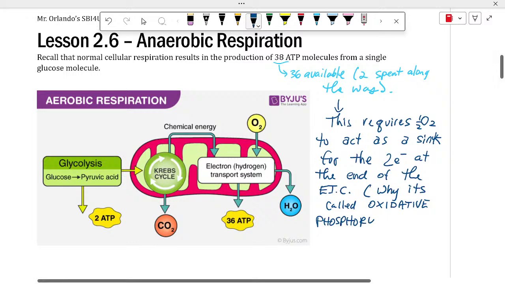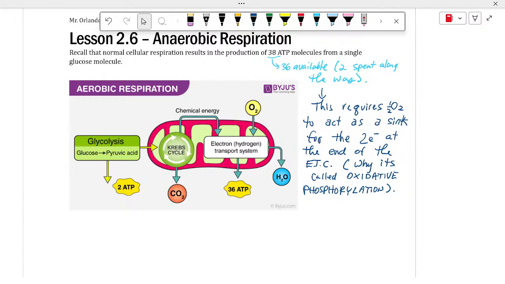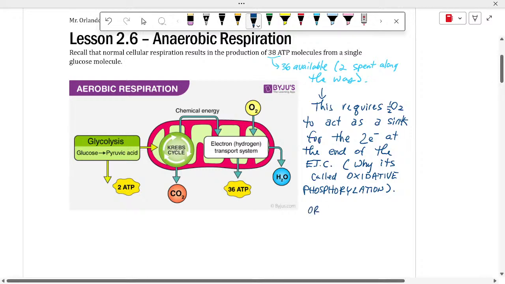Now, a cell biologist would call this oxidative phosphorylation. What would a kinesiologist call the process of getting energy in this way that requires oxygen? You could also call it aerobic respiration.